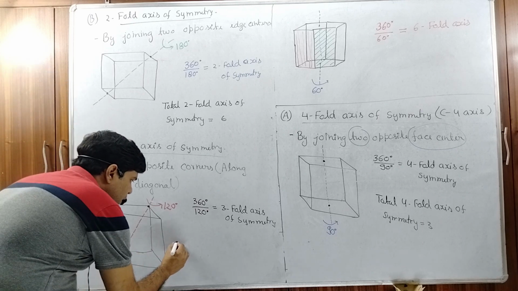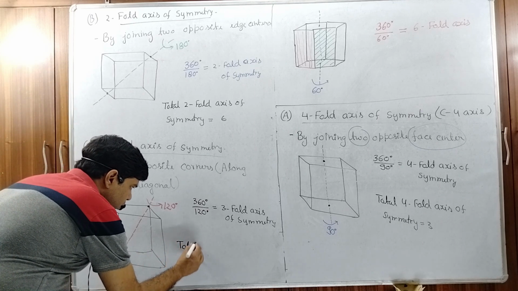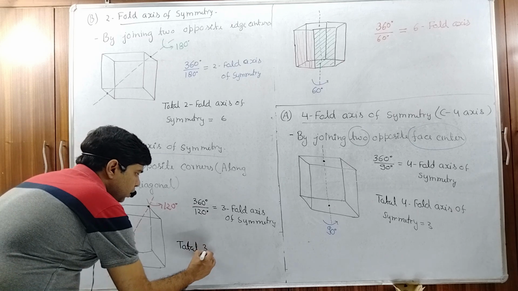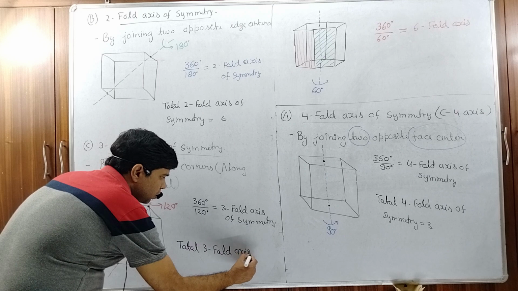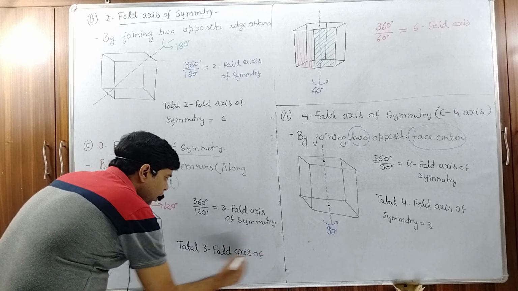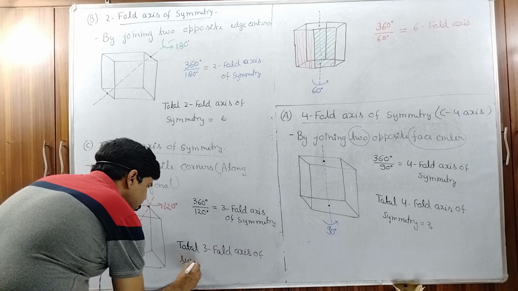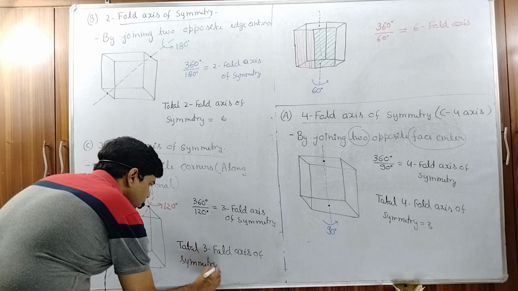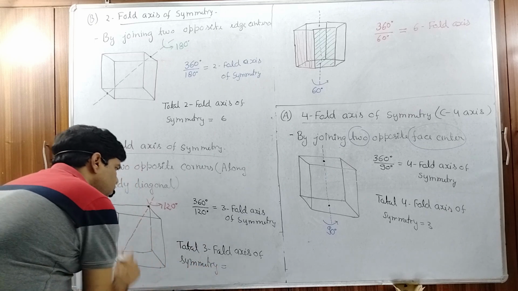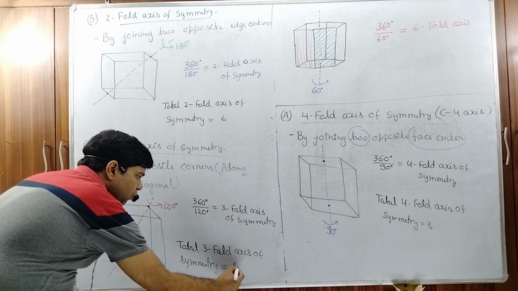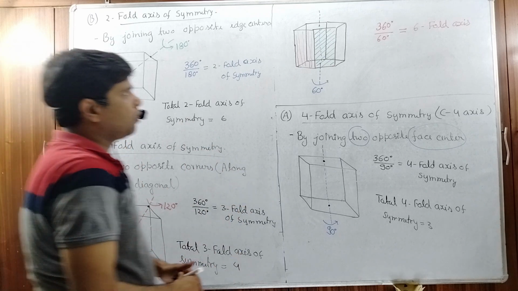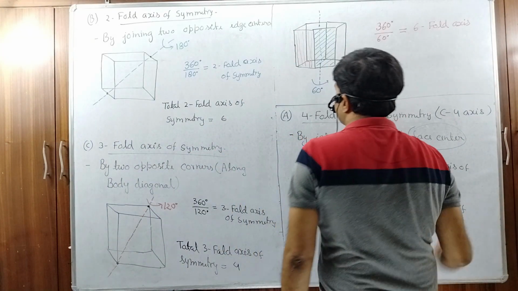So the total number of three-fold axes of symmetry is 4.